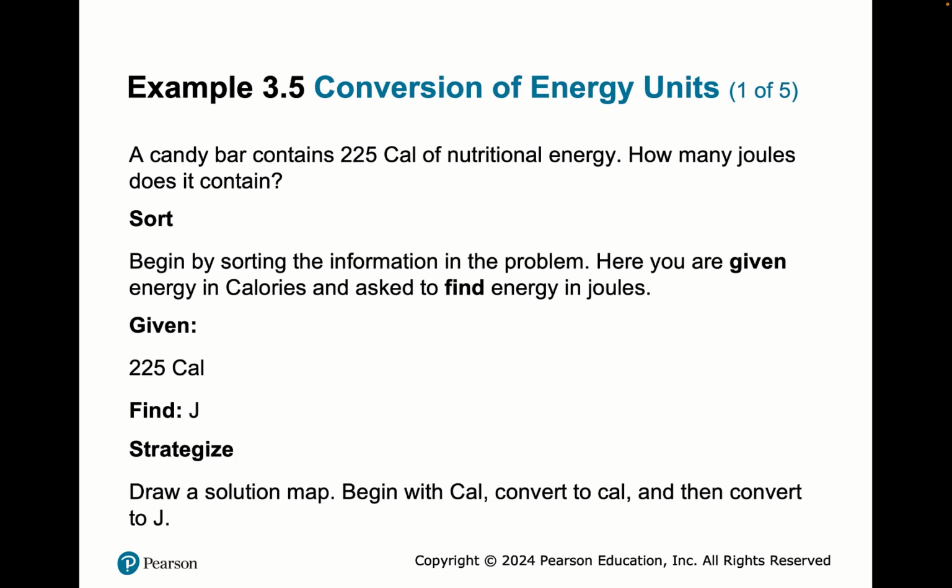Let's convert some units here. A candy bar has 225 capital C Calories of energy. How many joules is this? A capital C Calorie is 1,000 calories.